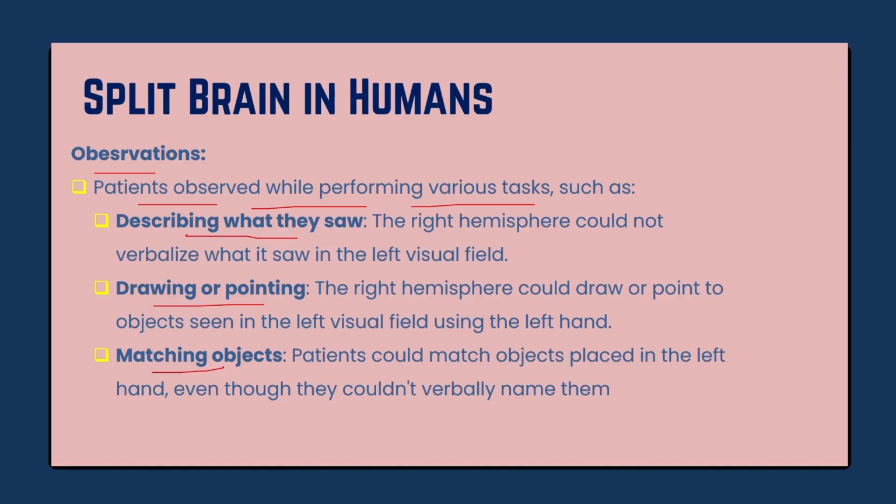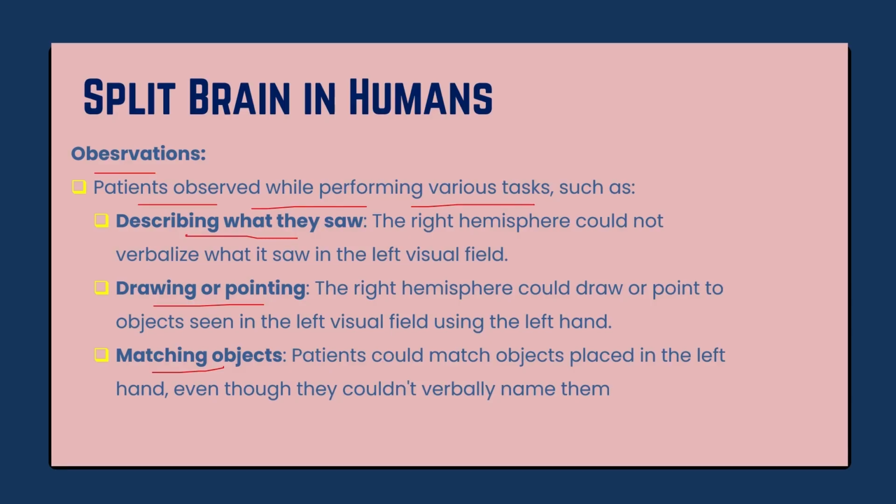They observed that when a stimulus was presented to the right visual field, or right side of the dot, which is controlled by the left hemisphere, like whatever they see through the right eye is controlled by the left hemisphere, the patients could easily verbalize and name the stimulus. They could use words to tell exactly what they saw.